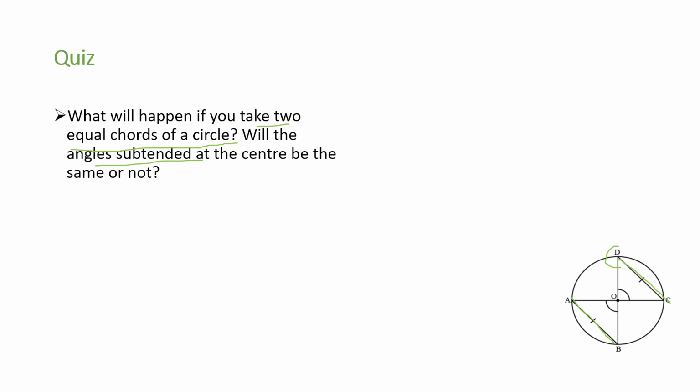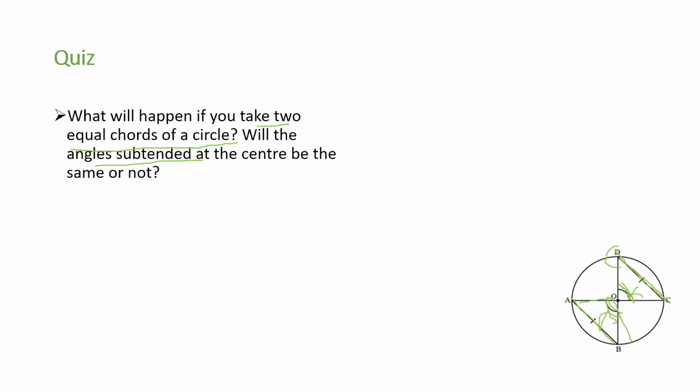Look at this angle, angle COD. Angle COD is the angle subtended by DC at O, the center. Similarly, angle AOB is the angle subtended by the chord AB at the center. Given AB is equal to CD, tell me the relationship between this angle and this angle.